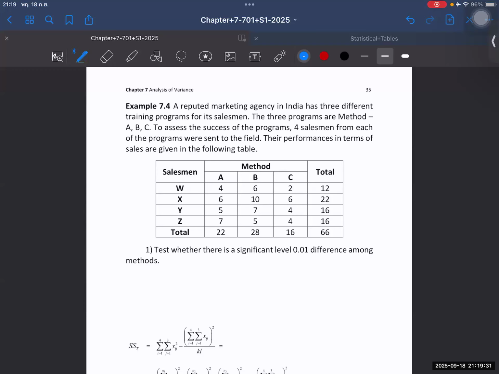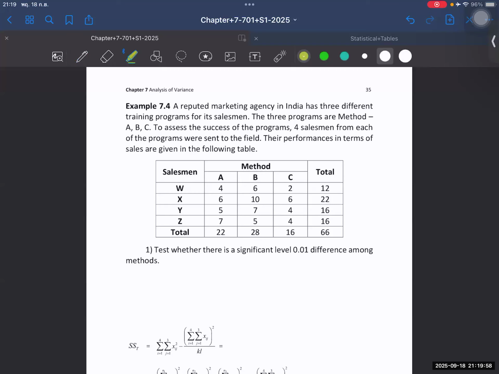So you can see the method is the column, and the salesman is a row. So now we want to identify what is the difference among the methods.